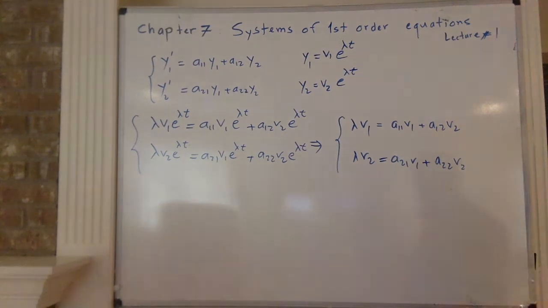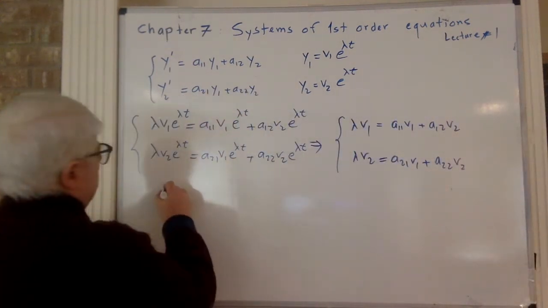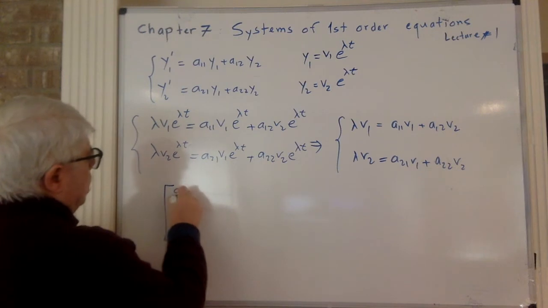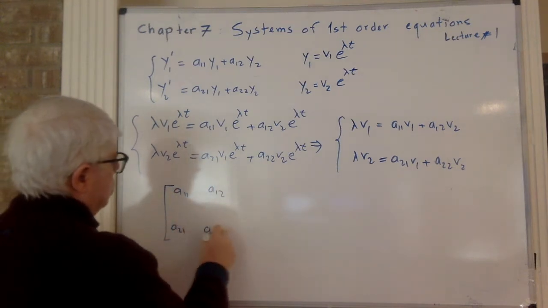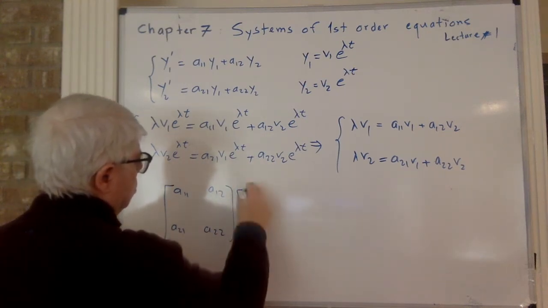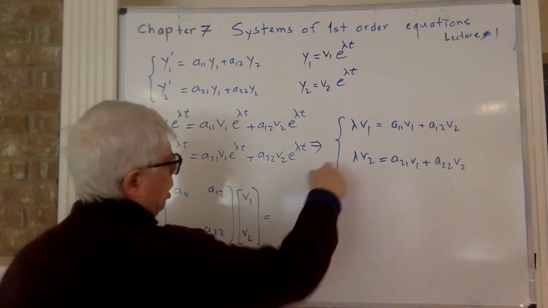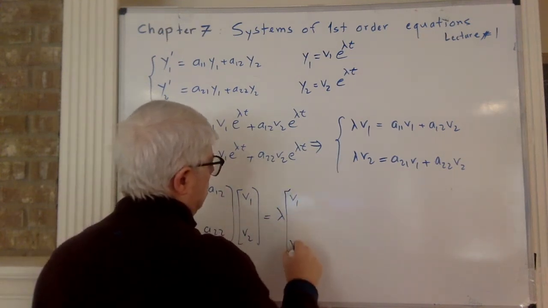You can see that this looks like a system of equations, right? So let's put it in matrix form. In matrix form, this is the matrix with a11, a12, a21, a22, multiplied by the vector v1, v2. And on this side, I can just write lambda times the vector v1, v2.